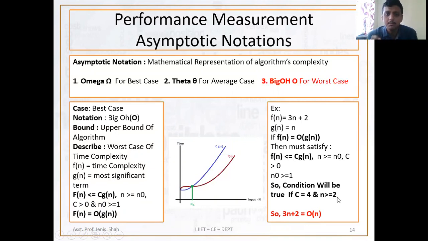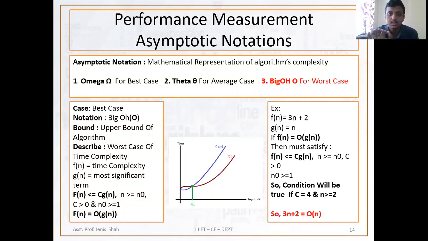Sir, in the exam, how can we say directly that C is equal to 4? Students, you just need to do what? Start with n equal to 1. See, here n0 is always greater than or equal to 1. Okay. So start n with greater than or equal to 1. Put n as f of 1, f of 2, f of 3, f of 4. Okay. And start C with 1.